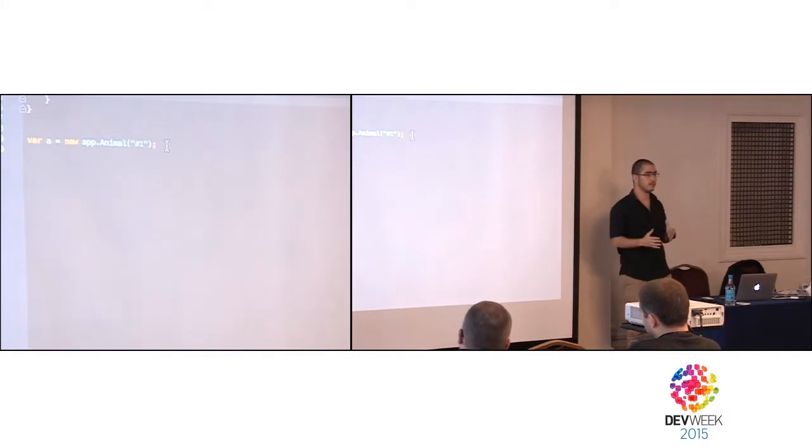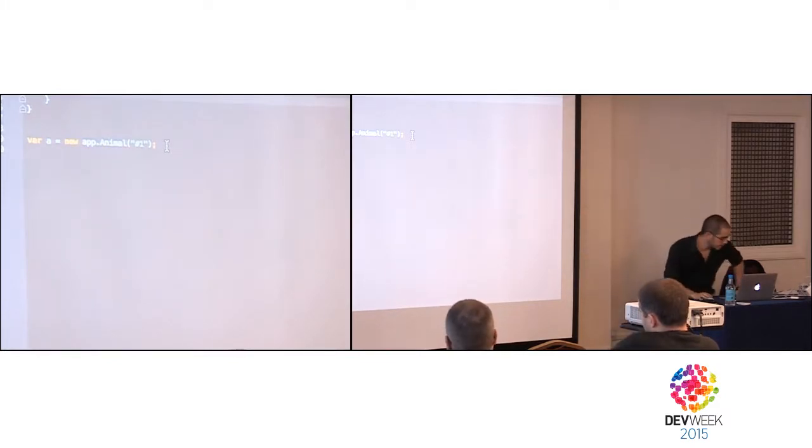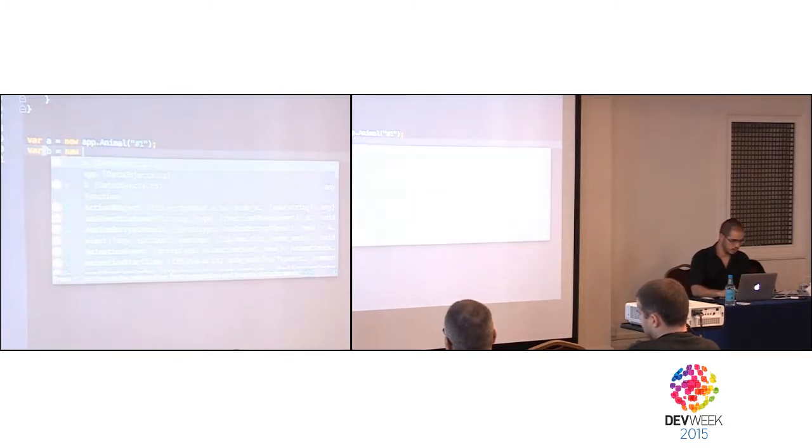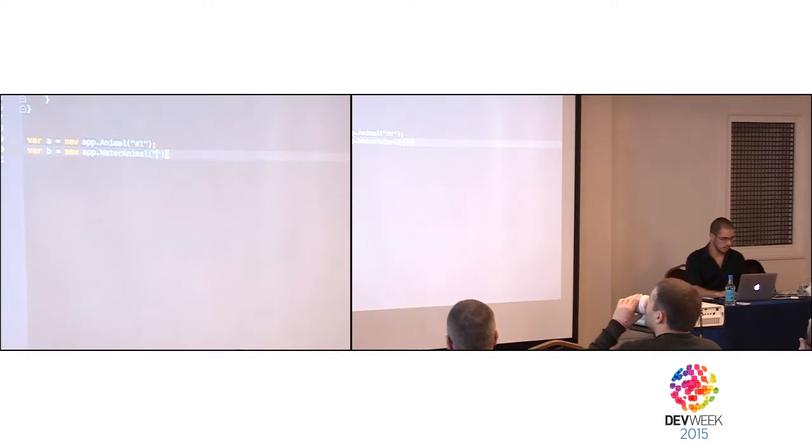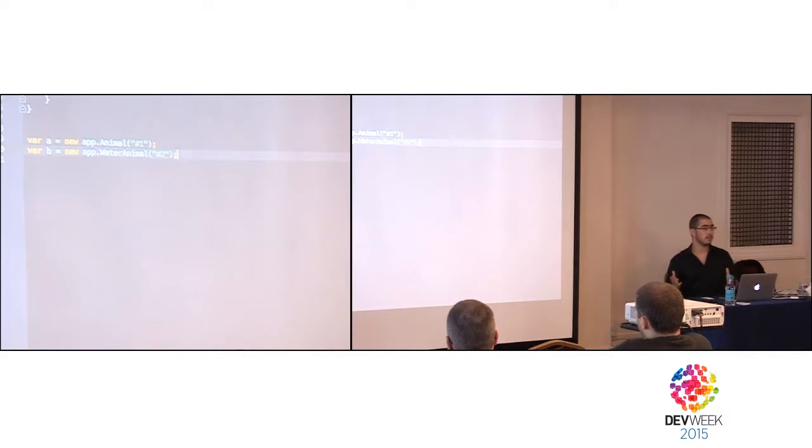So this is the first difference we can see, because I can create an instance of water animal with no problem, and it's actually inheriting the constructor. Okay, so it's actually saying, if you haven't specified, I'm going to take my base class.